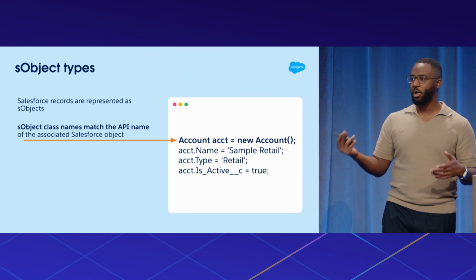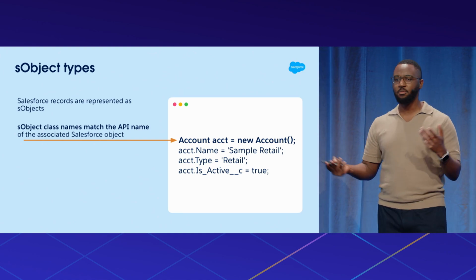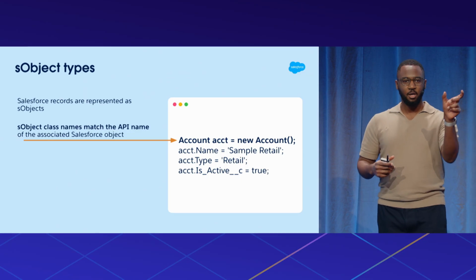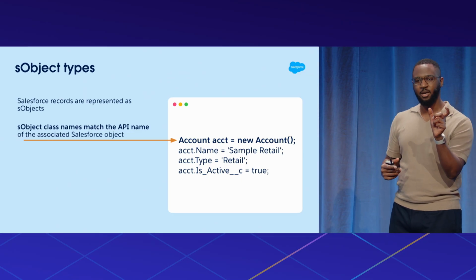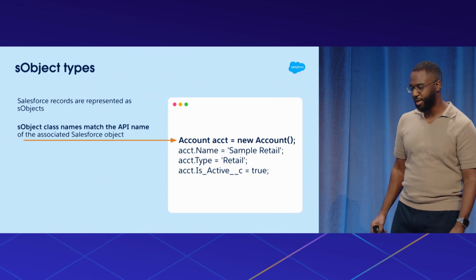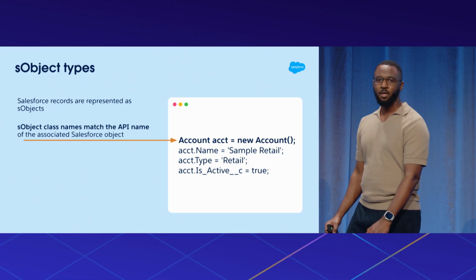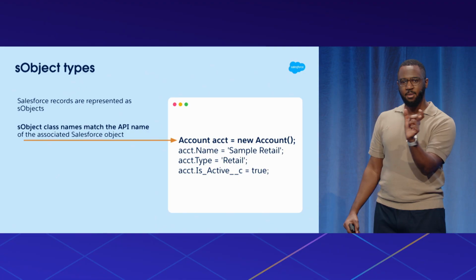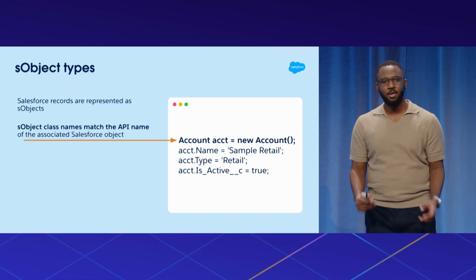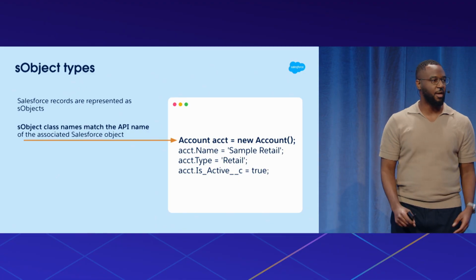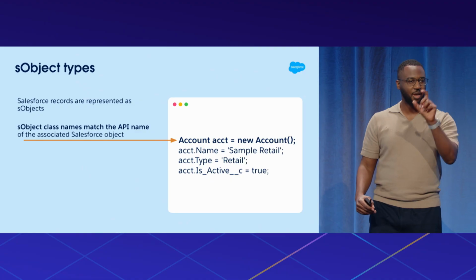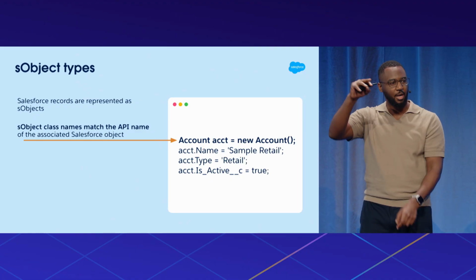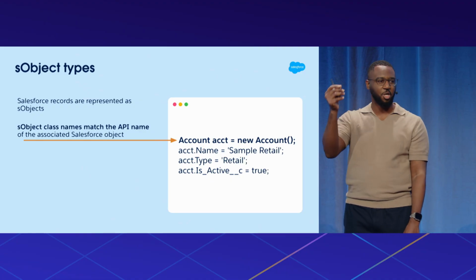So if you want to do something with an account in your code, you're going to say that it's an account because, again, Apex is strongly typed, right? So if you look at this code here, you have the type, Account, you have the variable name, acct, and then to create the new type, you just say equals new, the type name, and some parens, and a semicolon.